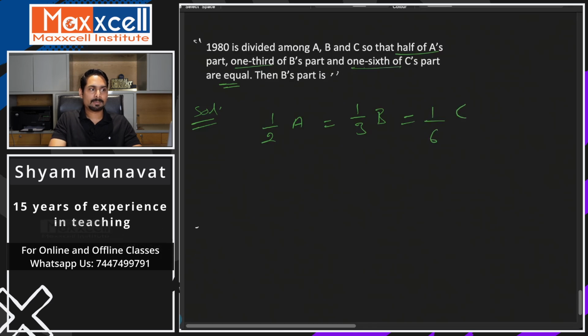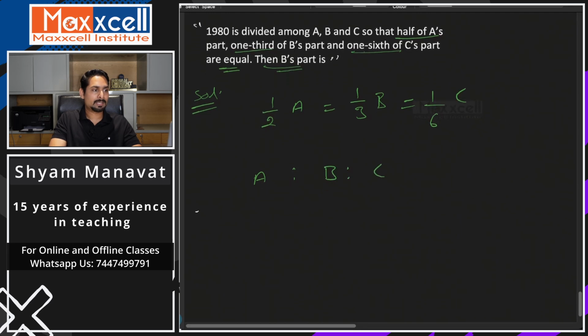Now I need the ratio of ABC to get the value of B's part here. So can I do it like this: for A, 1 upon the number which is in multiplication, 1 upon 2. For B, 1 upon 3.